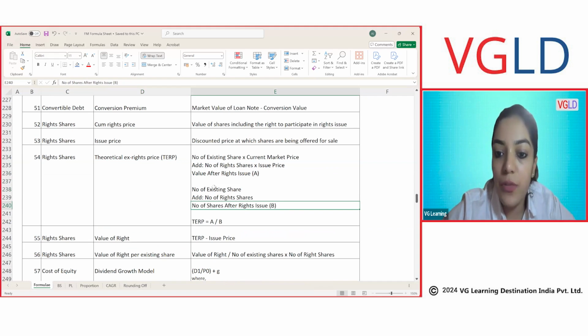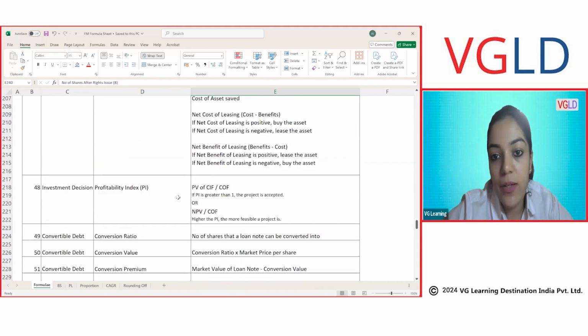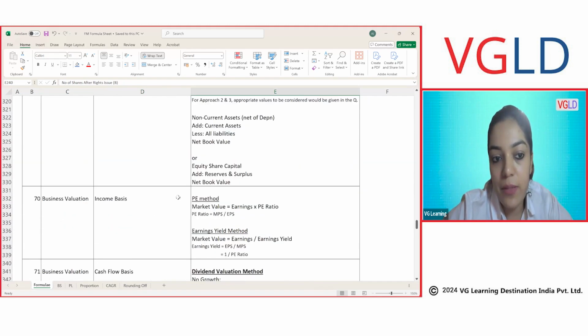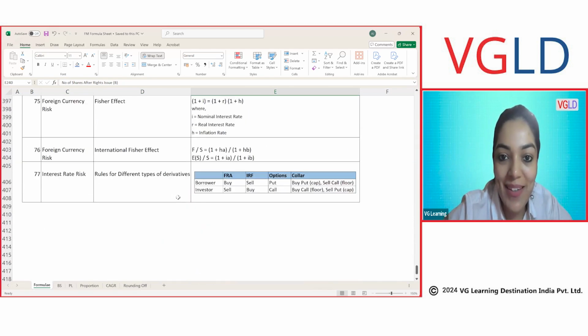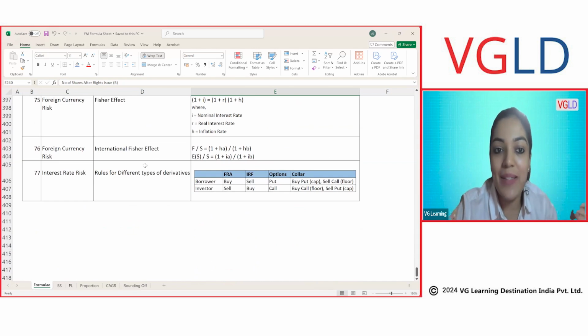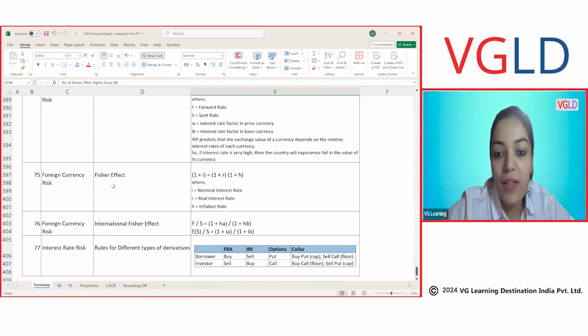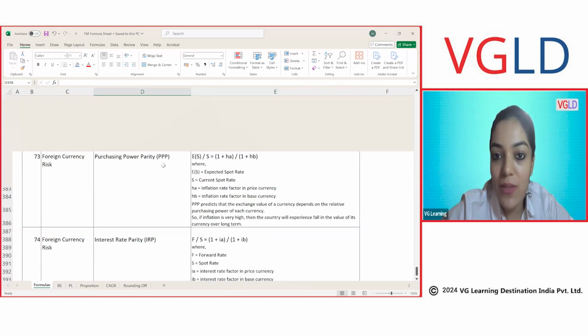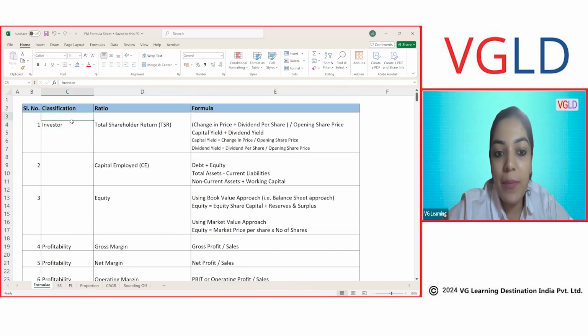But here I have put it down for you. So every formula that you're going to need in your FM syllabus, see, it's a long, long list. It doesn't mean you have to memorize so much. Don't think like that. It's just a lot of basic conceptual things also I've tried to summarize here in this list for you. So as we progress into the syllabus, I will keep highlighting those line items which we are covering.